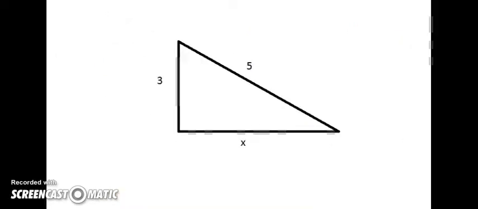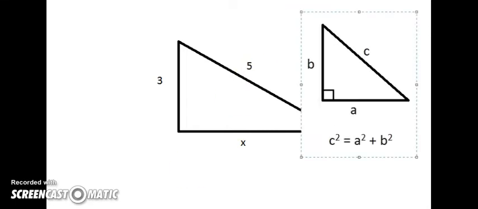One of the tricks uses another special triangle that's not given to you, and typically they'll give you something here like 3 and something here like 5, and you can use the Pythagorean theorem that's given to you to calculate this x. That Pythagorean theorem was this formula.